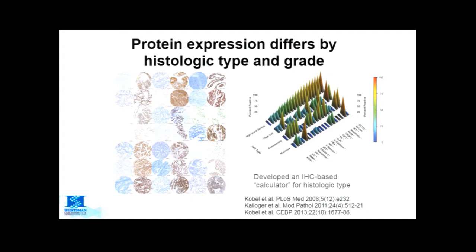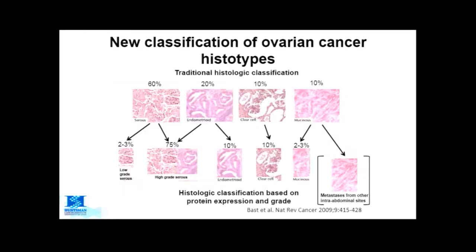So a group that we actually work quite closely with has developed calculators incorporating these protein markers and grade. And all of this work over many years has culminated in the understanding that we've really been misclassifying phenotypes of ovarian cancer pretty badly. So the new classification has this distribution versus the old distribution of histotypes.